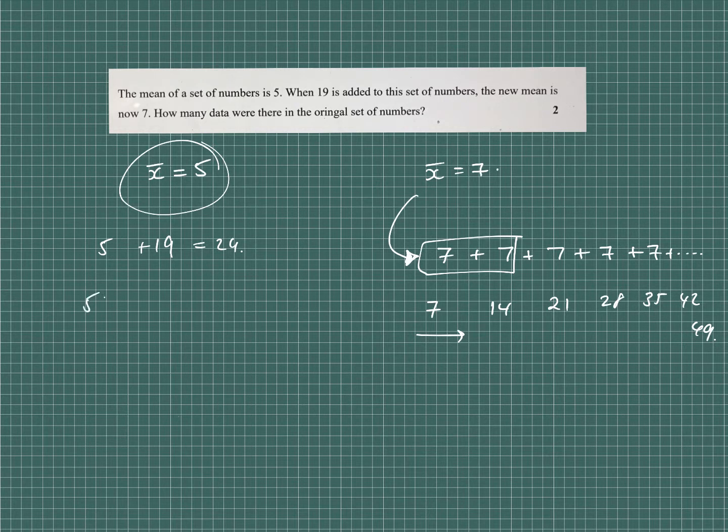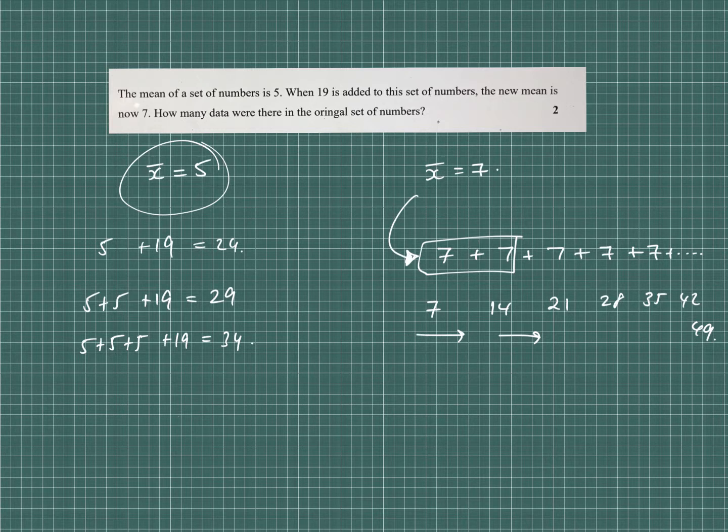If I say I've got 2 numbers with an average of 5, and I add 19 to it, I now have 29. I don't make one of these numbers. If I look at 3 numbers with an average of 5, so 15 divided by 3 is 5, I add a 19. I now have 15 plus 19, which is a total of 34. That doesn't work out.